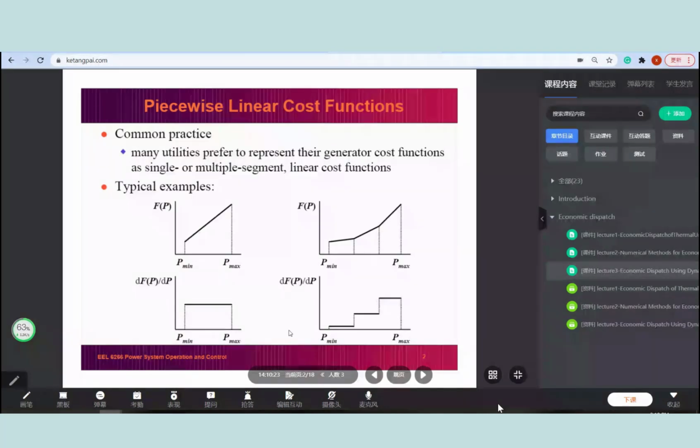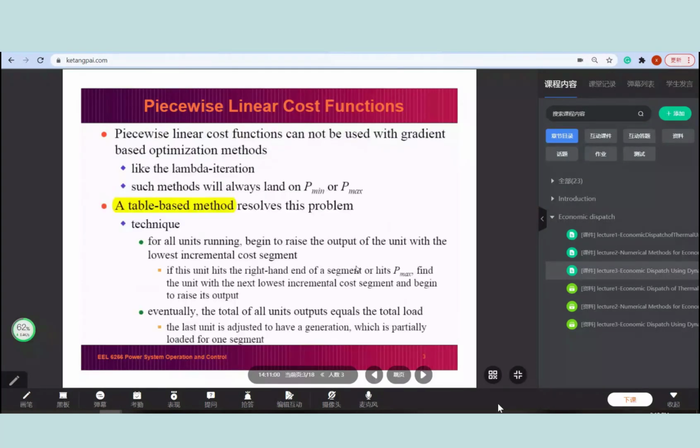For this type of input-output curve, you can't use the derivative-based method, because with the derivative-based method, when the first order derivatives of all the generators are equal, we found the optimal solution. But here, you can't find equal first order derivatives. So we will solve economic dispatch by the dynamic programming method in this lecture.